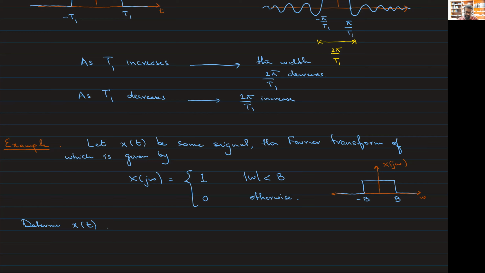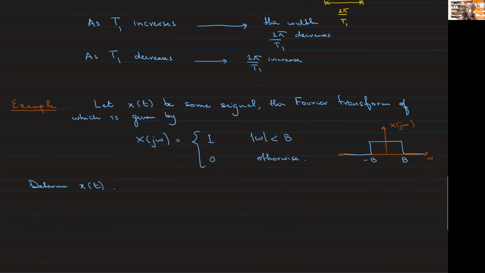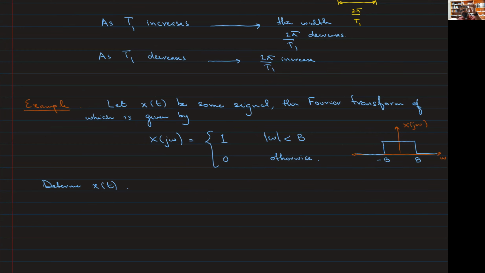What would that signal be? How do I find the signal, by the way? क्या करूं मैं? If I'm given the Fourier transform and I am required to find the time domain signal which corresponds to this Fourier transform, what do I do? You use the inverse Fourier transform integral, or the relationship that you're given, right?